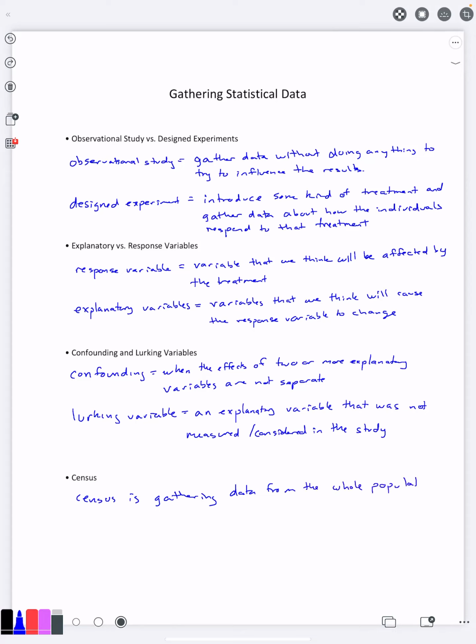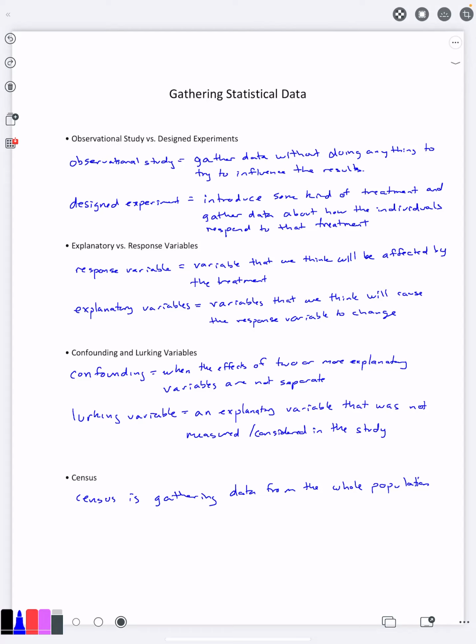We talked in an earlier video about the difference between sample and population, and how the vast majority of everything we're doing in this class is based on sample data because that's the only reasonable thing to get. It is very time-consuming and very costly, money-wise, to try to gather census data.